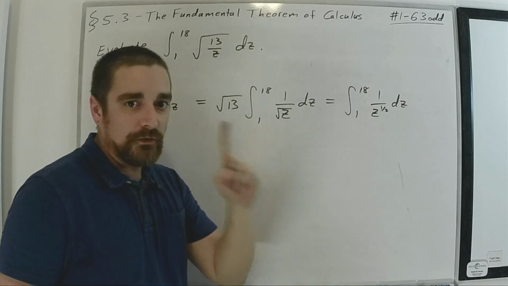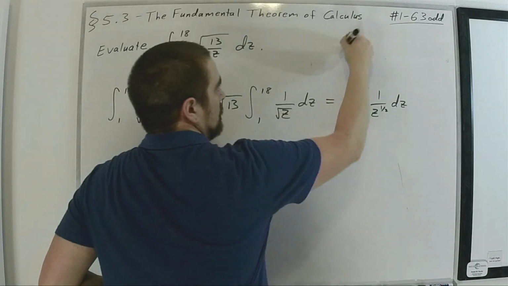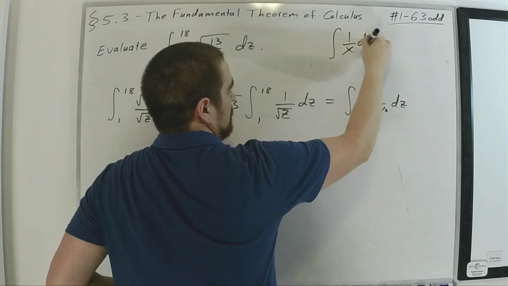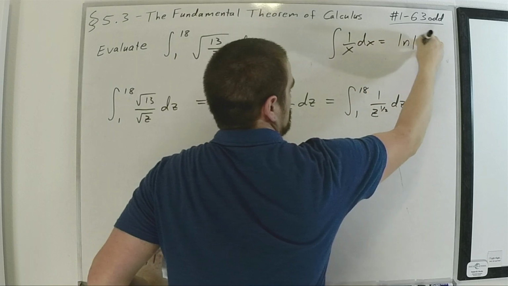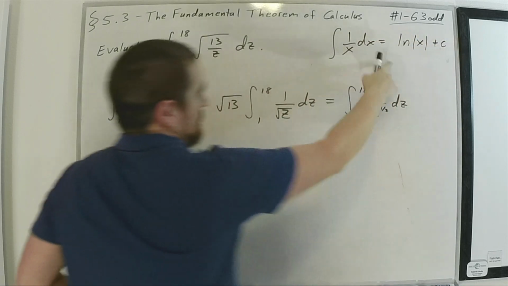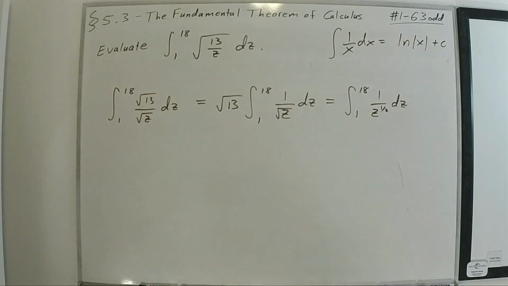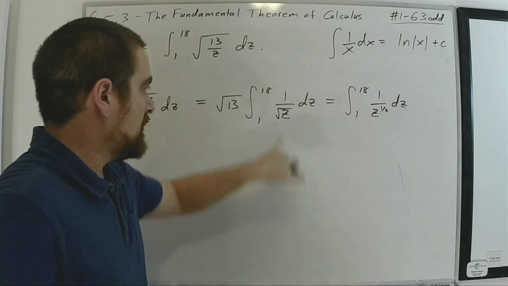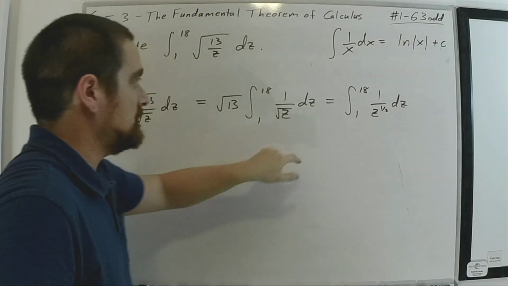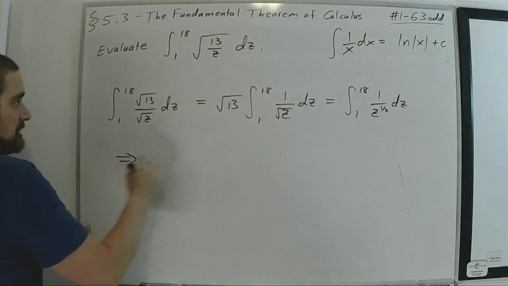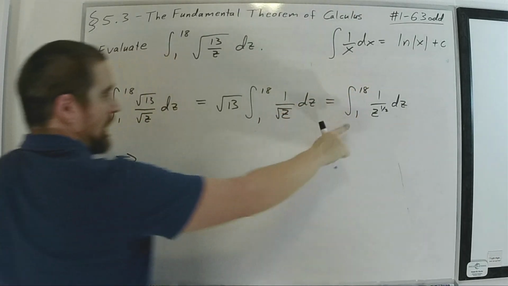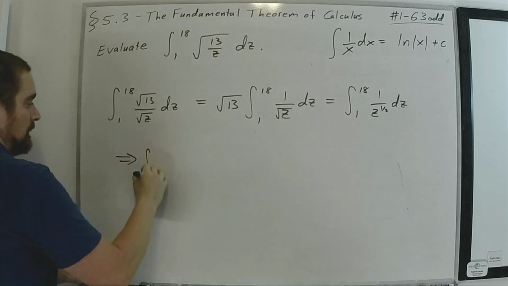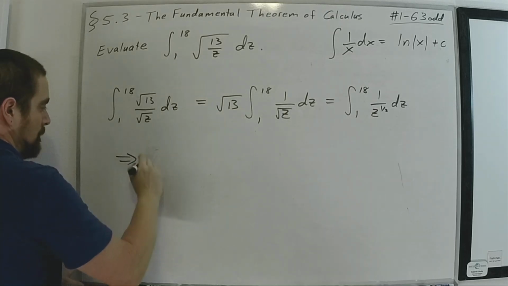There is only one integrand that we find that should provide us with ln of z, and that is this integrand, 1 over x. If it was 1 over z, it'd be log z. But that is not z, that is square root of z. So since it's not this form, I don't use anything to do with the log. I use the power rule.